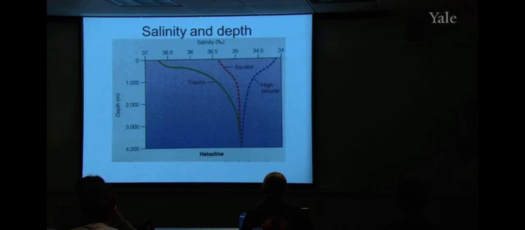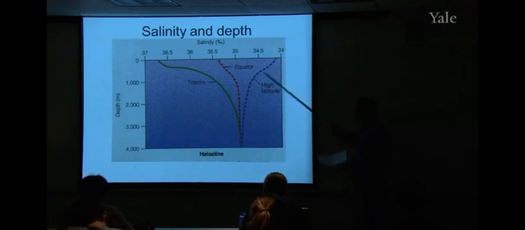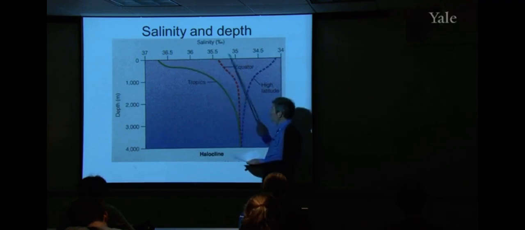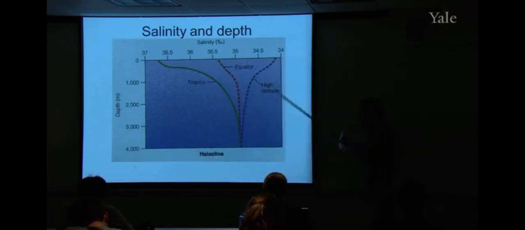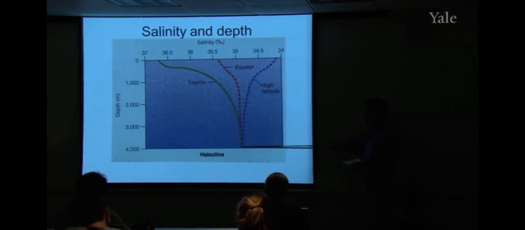And these profiles vary from place to place in the world ocean. For example, at high latitudes where you might have a lot of precipitation and because it's cold, not very much evaporation, the surface waters, notice the salinity scale is reversed on this diagram, the water might be a little less saline at the surface than it is down deep.